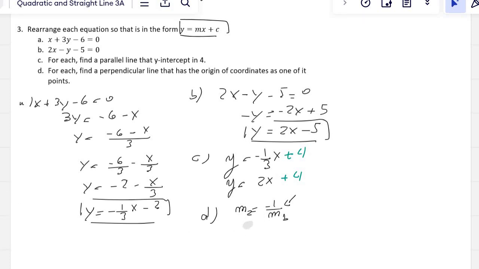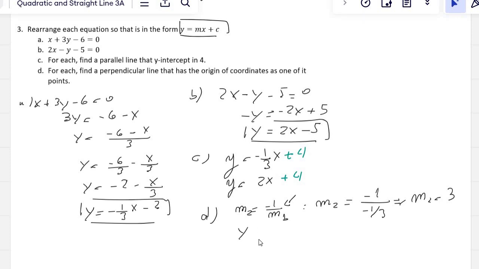So in this case, for number 2 it will be minus 1 divided by minus 1/3. Okay, we are using this one, and this is m2 equals 3.